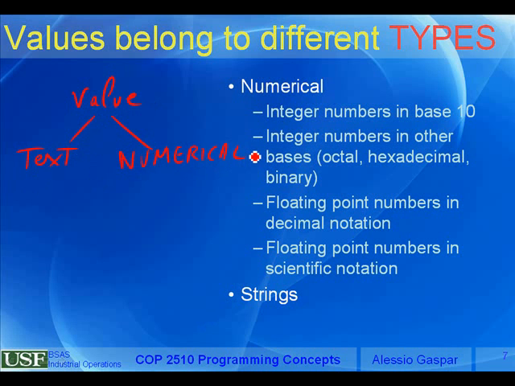That's a very broad classification. By text, I mean essentially strings. We'll complete the picture later. What do I mean by numerical? Well, by looking at my examples, I distinguish two types of numerical value: integer, which I'm going to abbreviate as int, and floating point number, which I'm going to abbreviate as float.